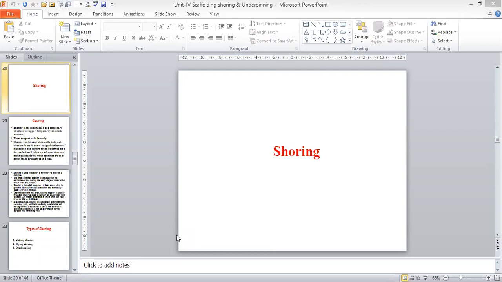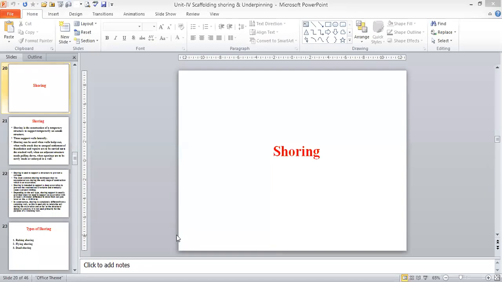The first one is the timber single scaffolding, or brick layer's scaffolding, because it is used entirely for brick masonry work. Single scaffolding has a horizontal member called a wood log, or ledger, and a vertical member called a standard. This raises the platform so the labor can work on the masonry.